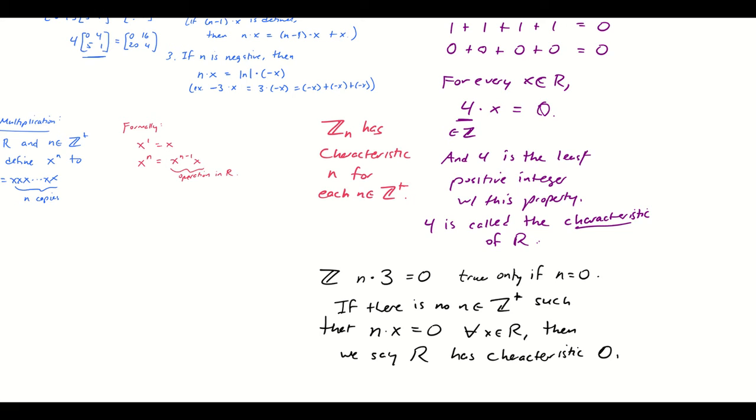And a useful way to remember that is an integer that I can multiply by every ring element and get the additive identity in my ring. Okay, so anyway, that was a brief intro to repeated addition, or the idea of an integer multiple of a ring element, the idea of a positive integer power of a ring element, and the characteristic of a ring.